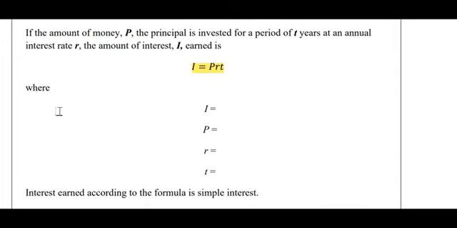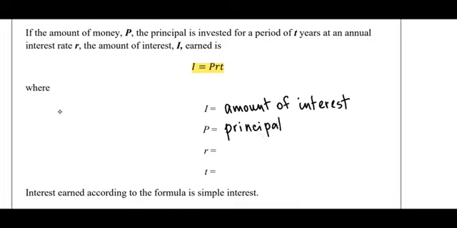Okay. So where I is your amount of interest, P is the principal, or the original amount of money invested.